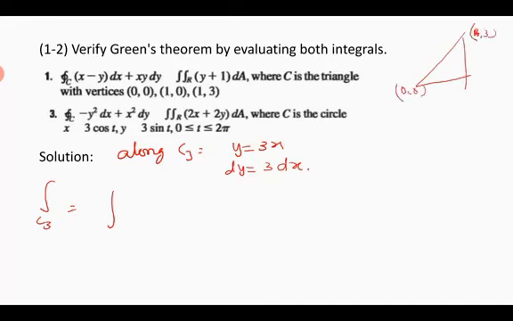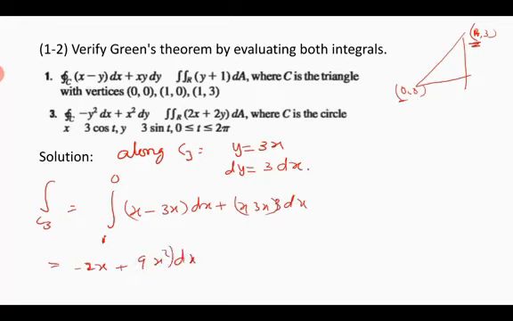So x is starting from 1 and ending at 0. First term is x minus y, 3x, dx plus x into y, x into 3x, 3dx. So simplify it. X minus 3x is minus 2x dx plus 9x squared dx, from 1 to 0.